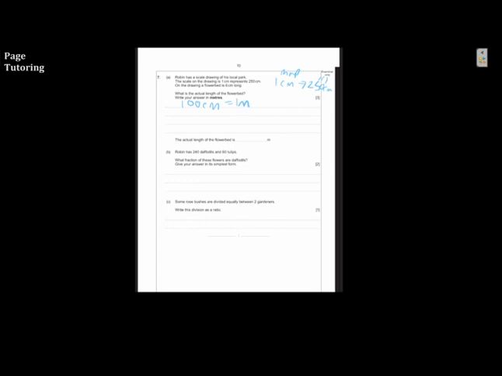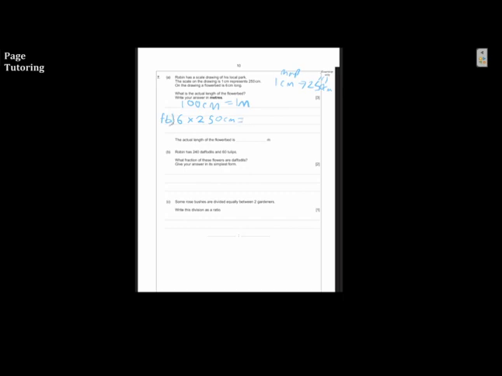So on the map, our flower bed's 6 centimetres, which means in real life, it'll be 6 times 250 centimetres. We should put FB for flower bed.